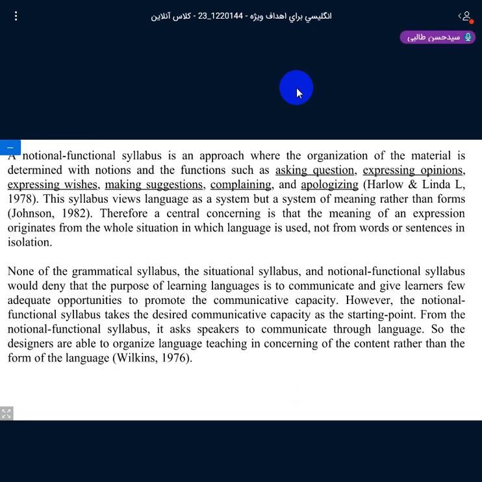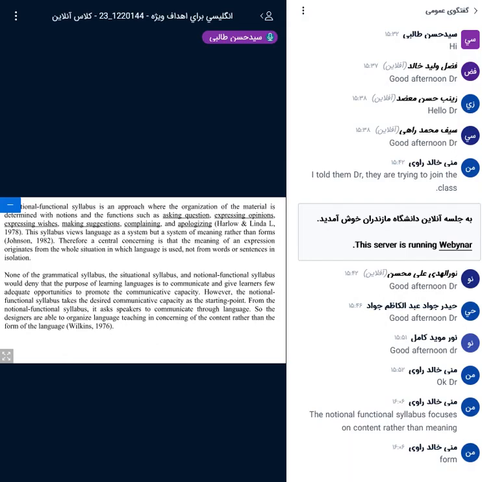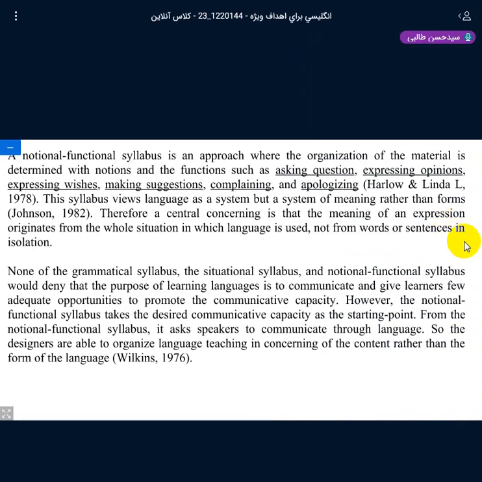Mona, you mentioned the notional functional syllabus focuses on content rather than meaning. Actually, the functional notional syllabus focuses on content and meaning, both, but they don't focus on grammar and vocabulary, okay?